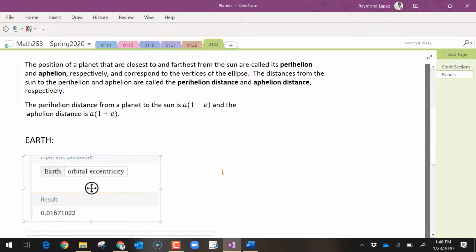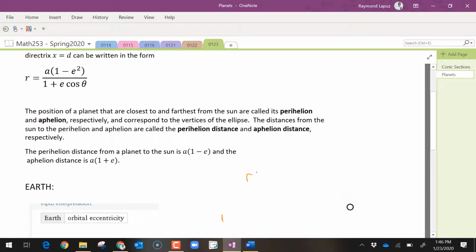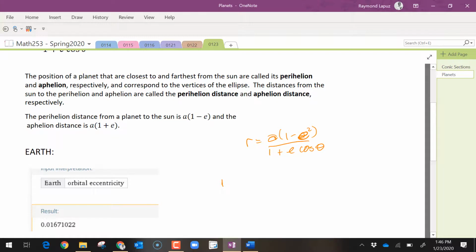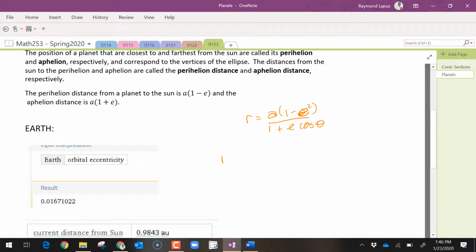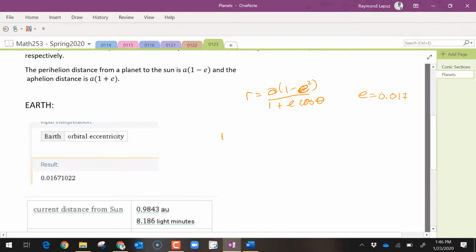So we have r. r is equal to A times 1 minus E squared all over 1 plus E cosine theta. So we know the eccentricity is equal to 0.0167. Let's just say 0.017. And let's use astronomical units.